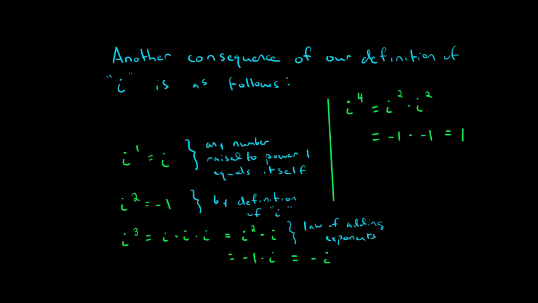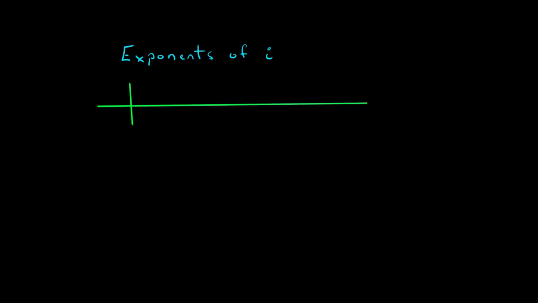Okay, so what happens if we continue this process of finding the exponents of i, raising i to different powers? I'm going to make a little chart here, and on the top here I'm going to write the letter n, which is going to stand for our exponent, and i to the n. And we're going to tabulate our results so far. So we know that if n equals 1, i to the first power equals i. I'll write that over here on the side too.